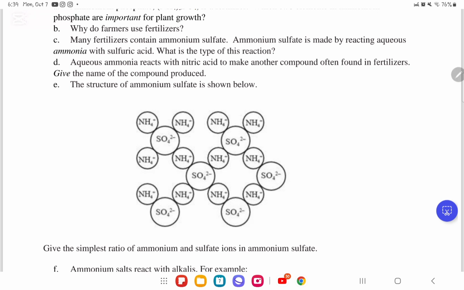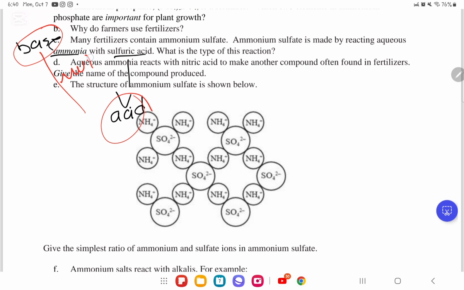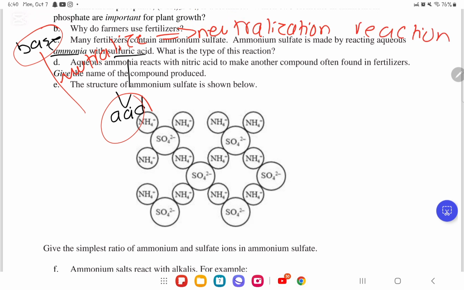So ammonia is our base, sulfuric acid is our acid. If there is a reaction between base and acid, they will neutralize each other. So we say this is a neutralization reaction. So that is for part C.